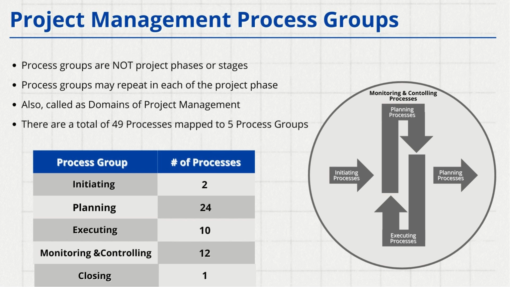After planning, we execute by conducting interviews, running surveys, or organizing focus group exercises. Throughout this, we also monitor and control the process to ensure it aligns with the requirements or scope management plan. Finally, when the process is complete, we close it by reviewing the output.